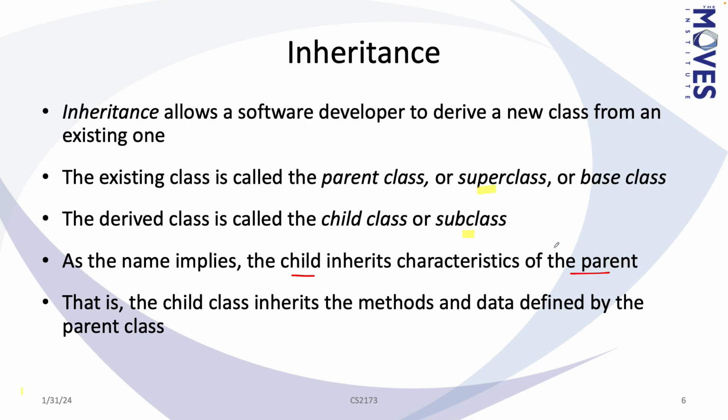Everything that the parent has is inherited by the child. What does that mean in the context of Java programming or object-oriented programming? What is in a class? Methods and data, instance methods and instance variables. And those defined in the parent class.